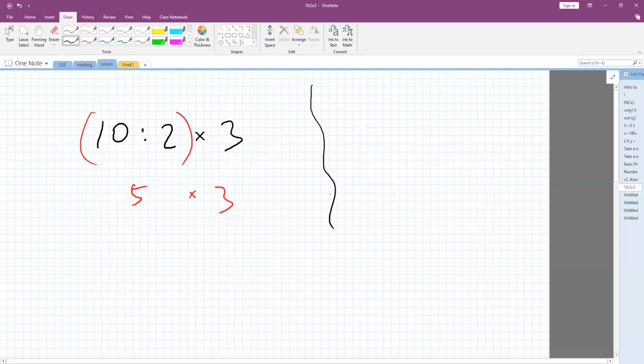Remember when you have, for example, 1 divided by 2?